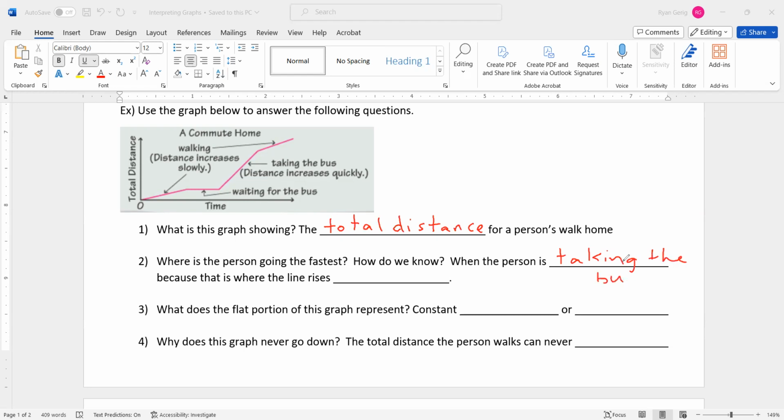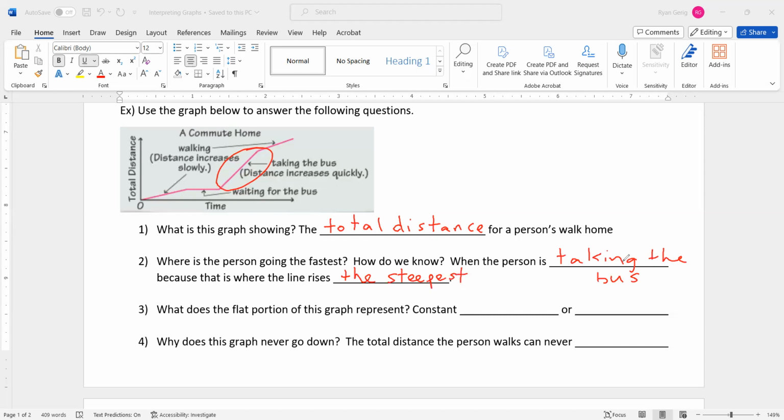And if you aren't seeing where that's at on the graph, it's right here. That is where the line rises the fastest, or the steepest, meaning you're getting more distance faster, which means your speed is faster.